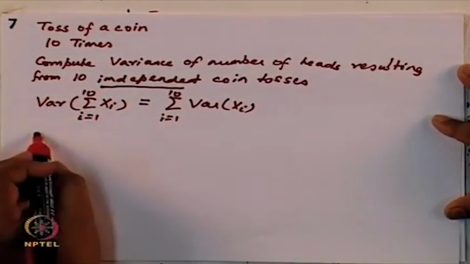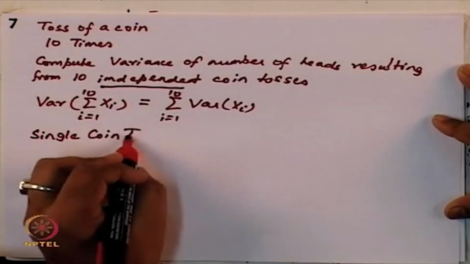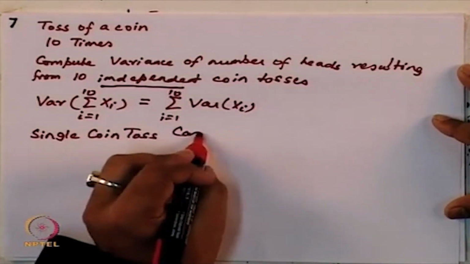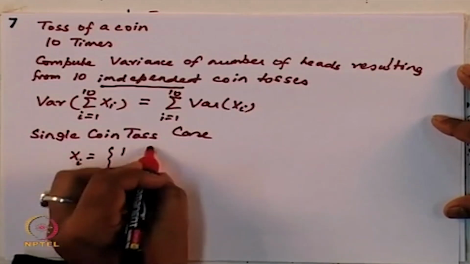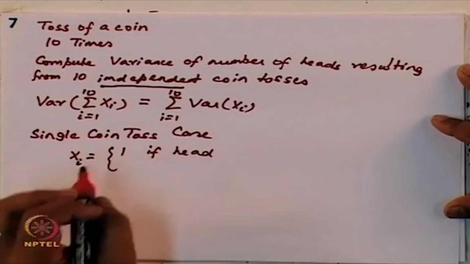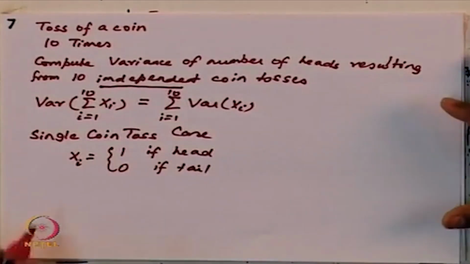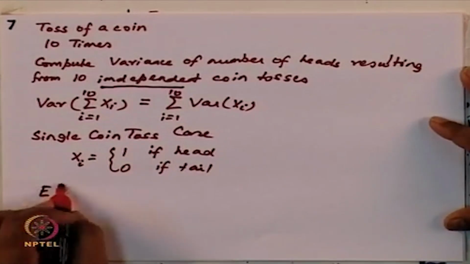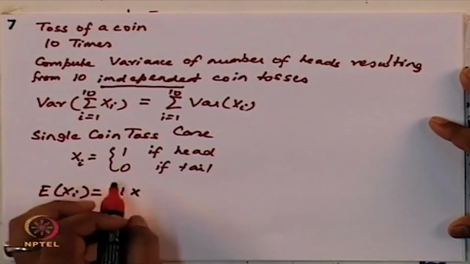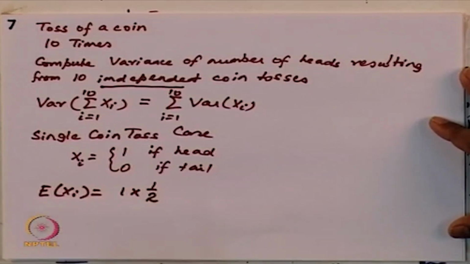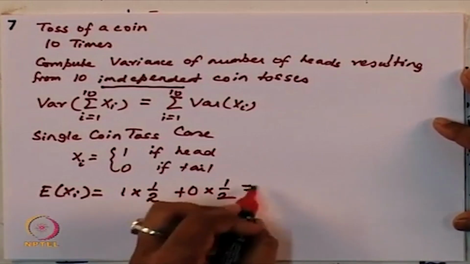Now, let us take a single coin toss. Okay. So, I can write xi is 1 if head, 0 if tail, right. So, in this case my E of xi becomes 1 into probability of head, which is half, plus 0 into probability of tail, which is half. So, this is simply half.